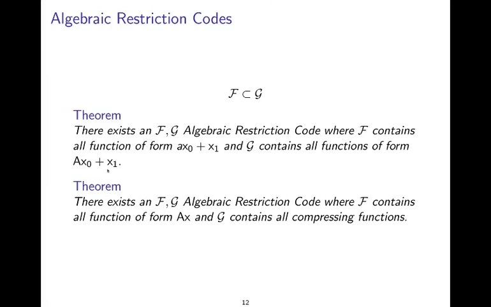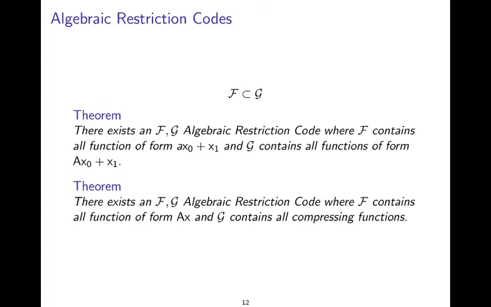In our second construction, the allowed functions take the input and multiply it by an arbitrary matrix. However, the functions which are possible to apply are actually all compressing functions. At this point, I want to note that compressing in a sense is necessary, because if the set of evaluatable functions contains injective functions, then they are invertible and the notion of algebraic restriction codes is impossible.